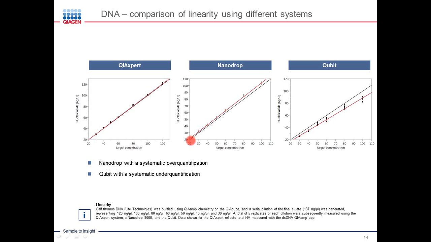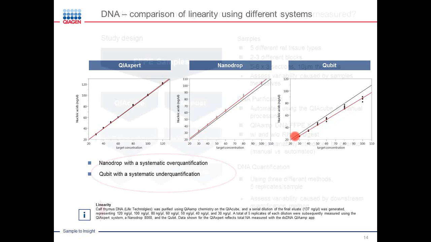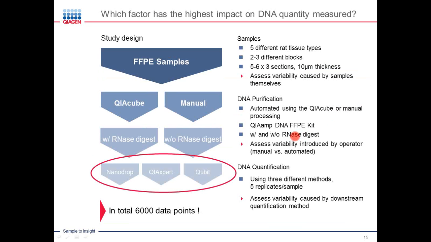But you can see that there are certain trends, in that we see a slight systematic over-quantification using the NanoDrop system here, and in our hands on the Qubit system we saw a slight under-quantification. And this is just something I wanted you to be aware of.